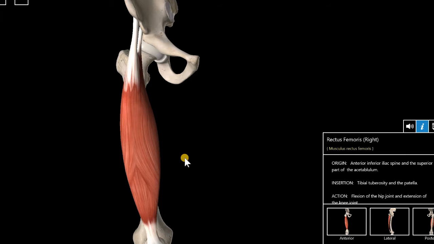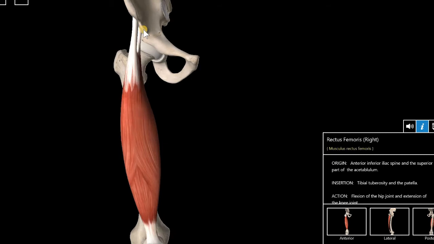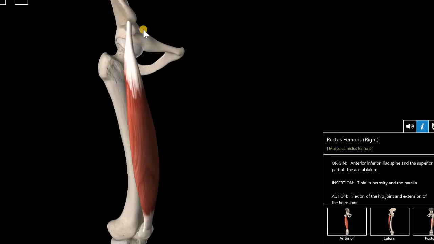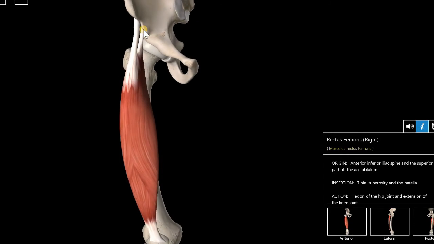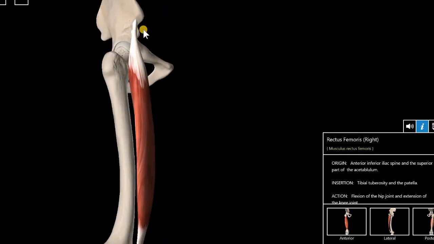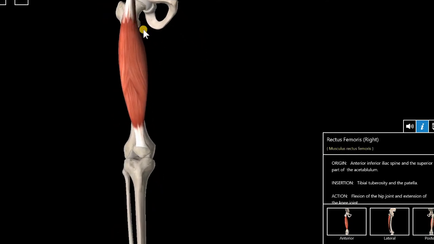All right, the origin is up here on the AIIS, anterior inferior iliac spine, and the insertion is patella, patella tendon, and tibial tuberosity.